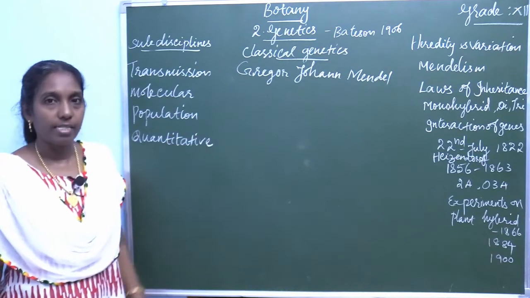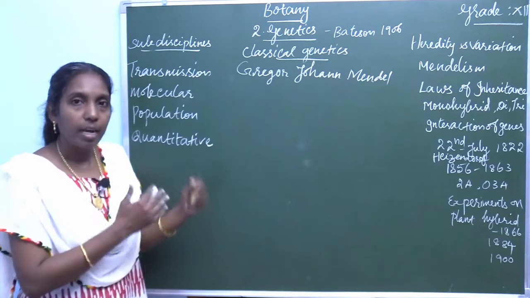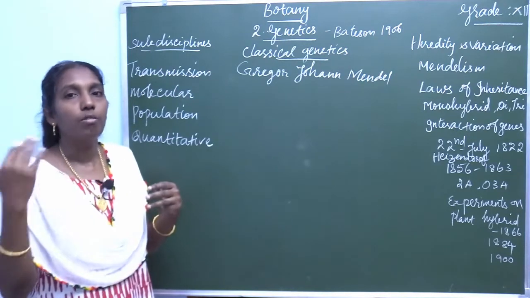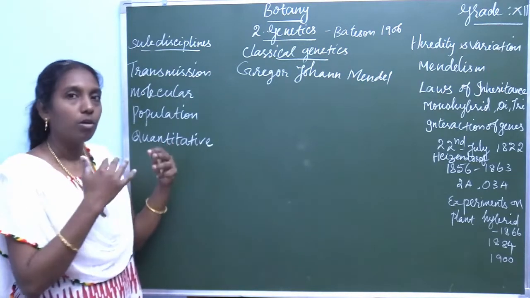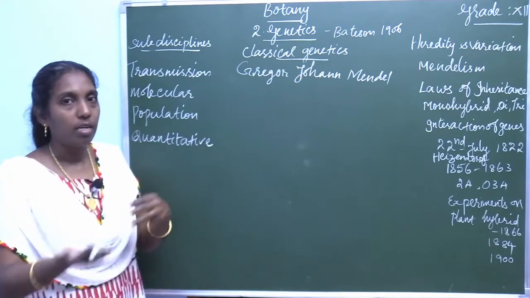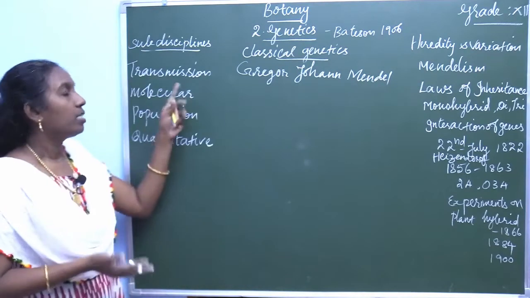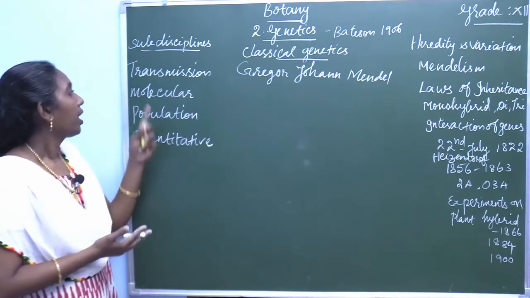Transmission or classical genetics: as the name indicates, it is the transmission of characters. Here you are going to learn how the characters are transmitted from the previous generation to the next generation. That is transmission genetics.